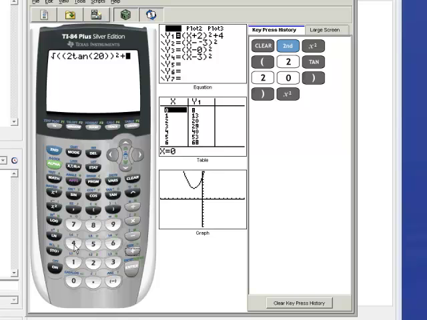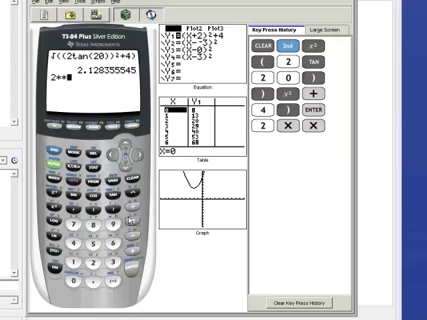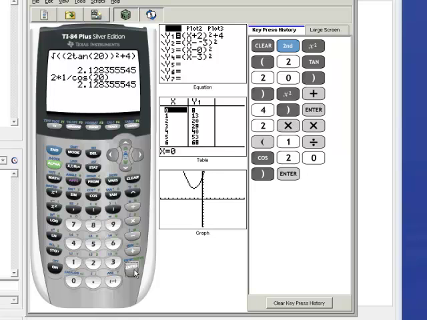Add 4 to that, close the parentheses on the square root, hit enter, and I come up with 2.12. That supposedly is the same as 2 times secant theta. Well, I don't have secant, so I take 2 times 1 over cosine 20 degrees, and I come up with 2.12, just like it should be.